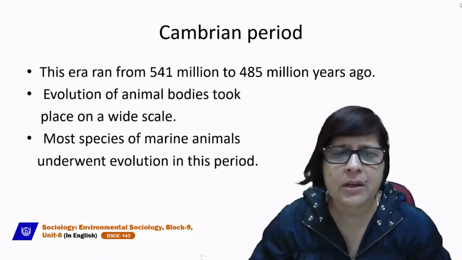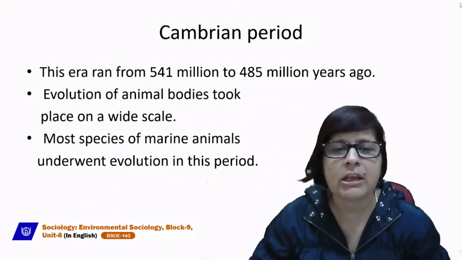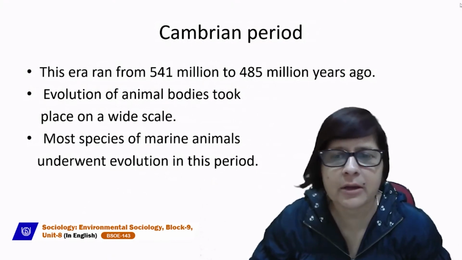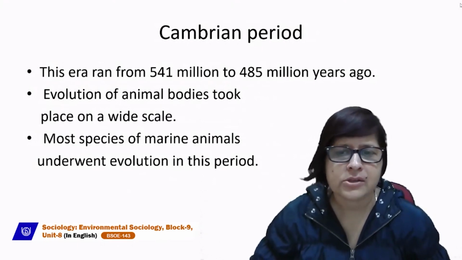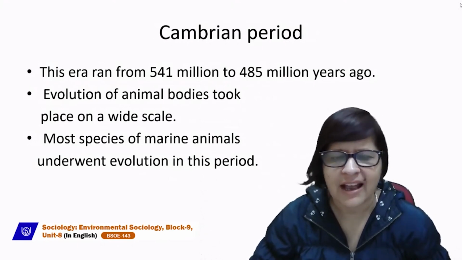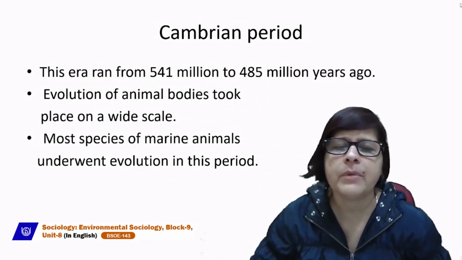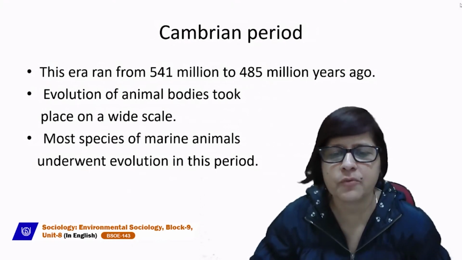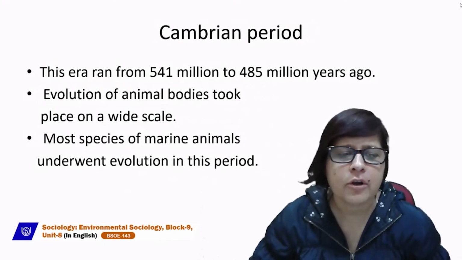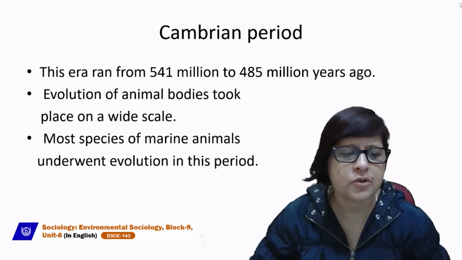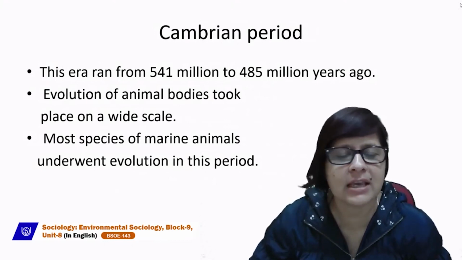So the first period is Cambrian period. What is Cambrian period? This period ran from 541 million to 485 million years ago. The evolution of animal bodies took place on a wide scale.